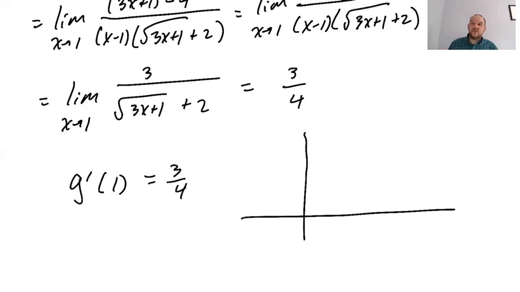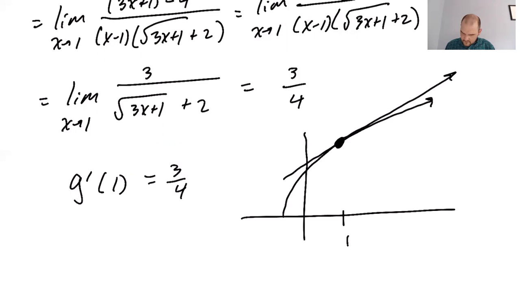The domain is greater than or equal to negative 1/3. At x equals 1, if I drew the tangent line, the slope is going to be 3/4. It's also the slope of the curve. Slope of the tangent line, slope of the curve, same thing.